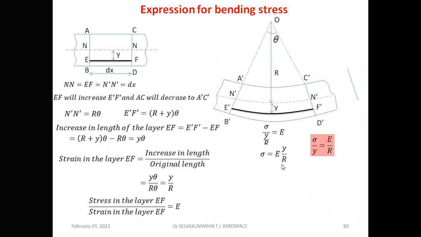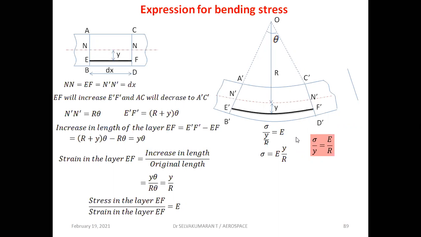Now, if E, Young's modulus, and R, the radius of curvature, are constant for a beam, the bending stress is proportional to y. y is the distance from the neutral layer to the outermost layer, or to any other layer below or above the neutral axis.